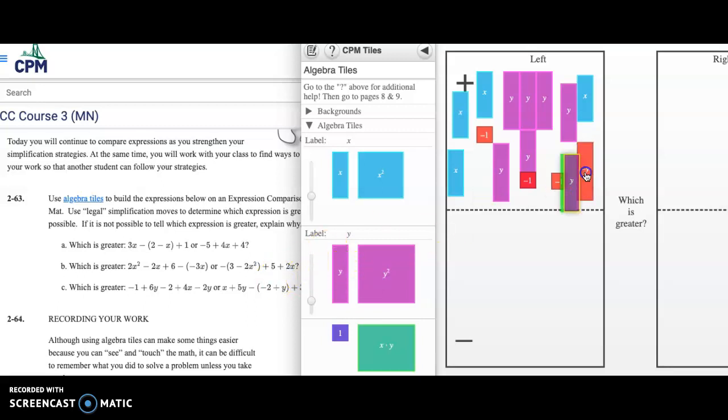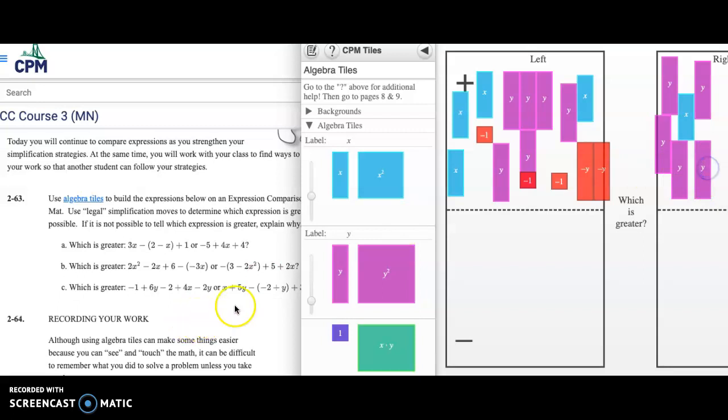A lot of tiles. All right, and then on the right hand side we have an x plus 5 y's, all right, and now we have that minus outside of the parentheses.